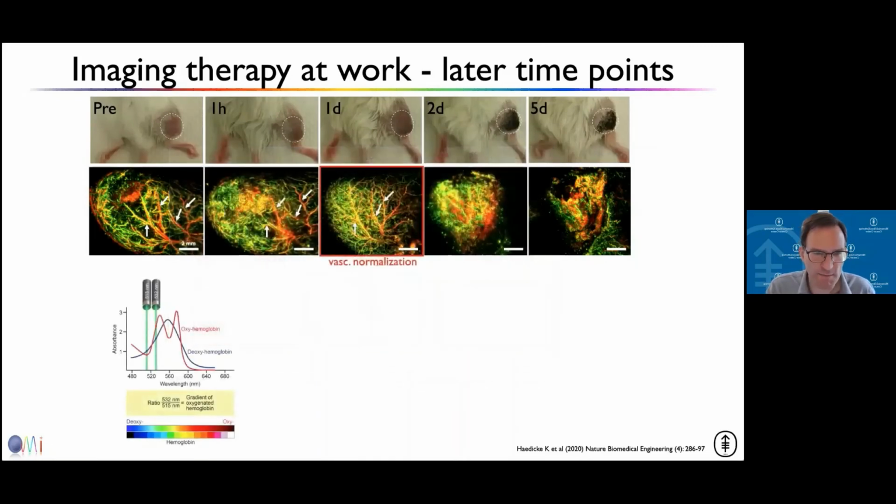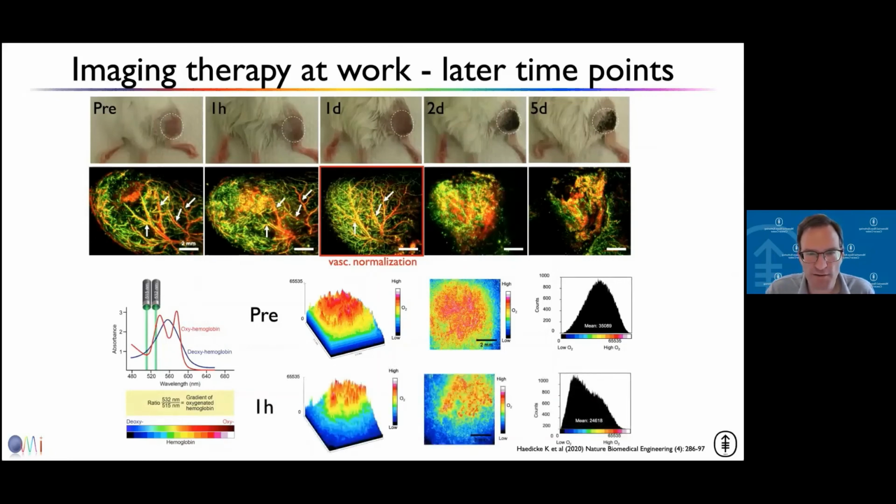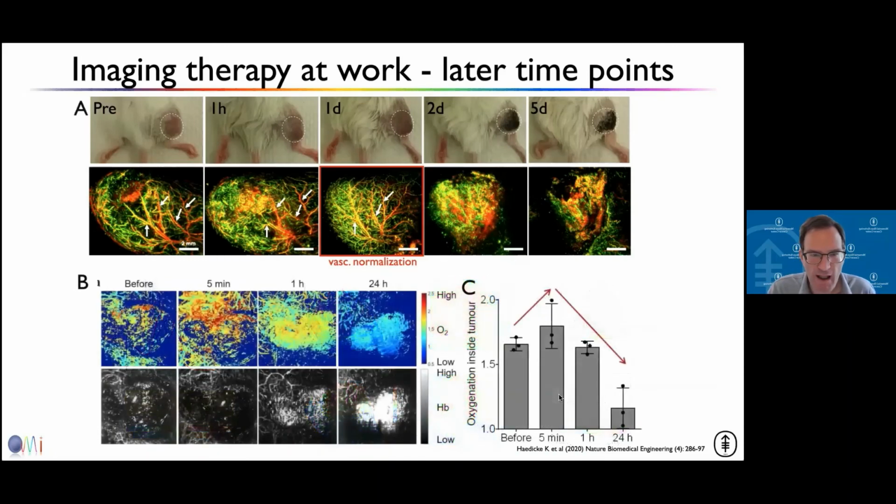We did an experiment also back then in Munich looking at oxy and deoxyhemoglobin with another prototype scanner. This is just a general oxygenation map pre and post, and you can see how the vascularization and the oxygenation is much better, and it now falls apart to the lower oxygen area after this therapy. And this is shown again.